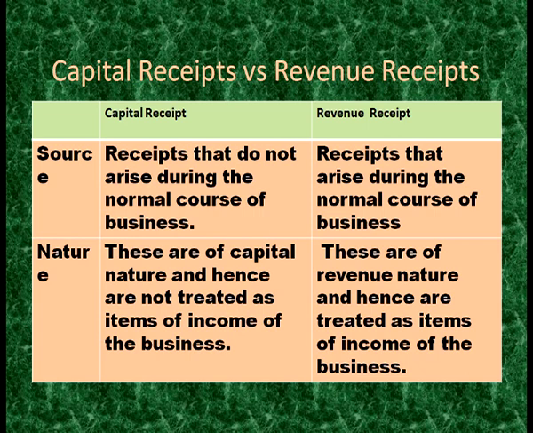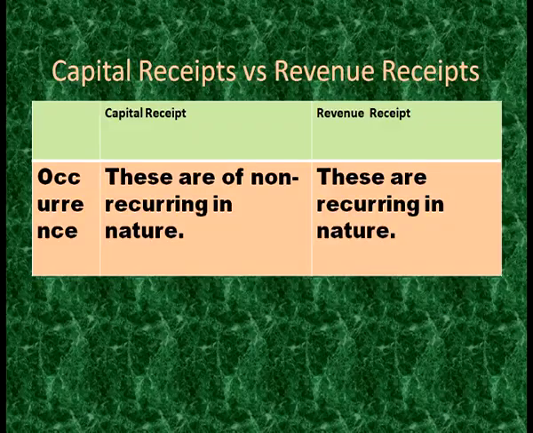And regarding the nature, capital receipts are of a capital nature and hence are not treated as items of income of the business, whereas revenue receipts are of a revenue nature and hence are treated as items of income of the business. Regarding the occurrence, capital receipts are non-recurring in nature, whereas revenue receipts are recurring in nature.